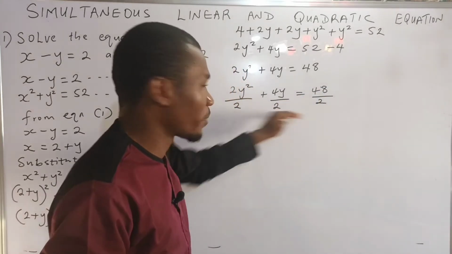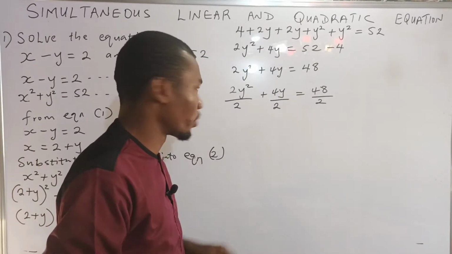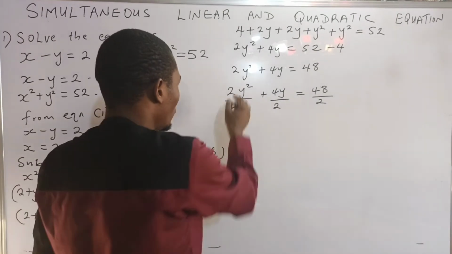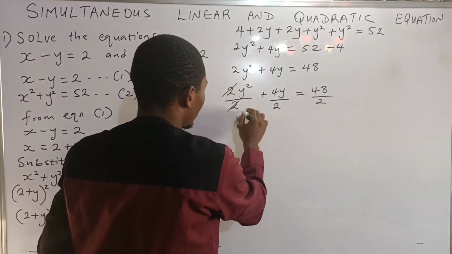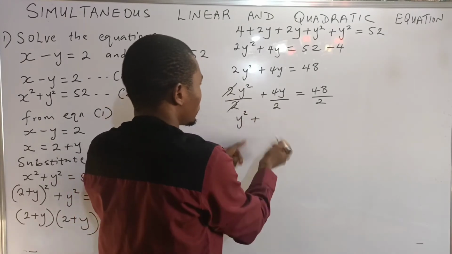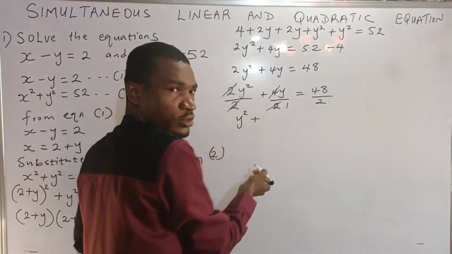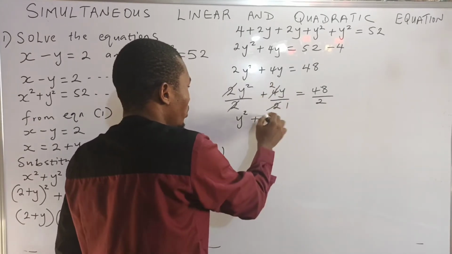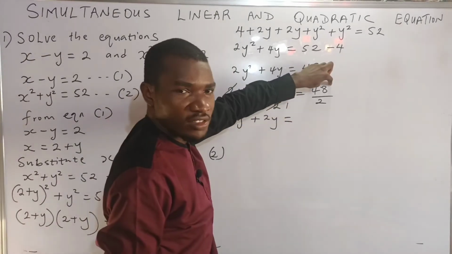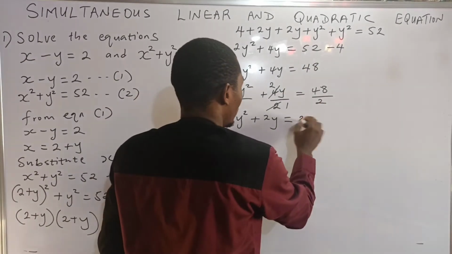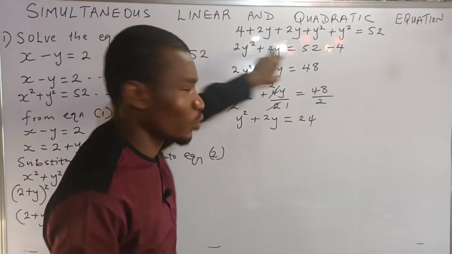Dividing through by 2 so that I reduce the values to their lowest terms, 2 will cancel out 2 and we are left with y squared plus 2 divided by itself gives us 1. And how many 2s will go into 4? That is 2. Then we have 2y, and that is equal to 48 divided by 2, which gives us 24. So you can see that this is a little bit smaller than what we have here.